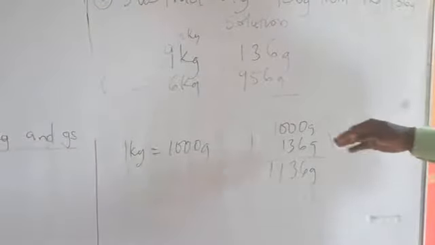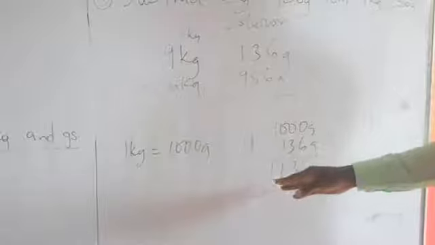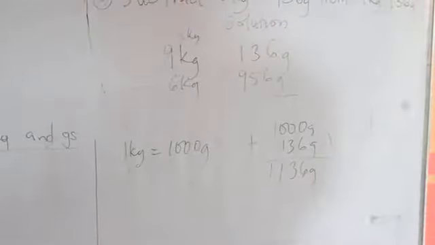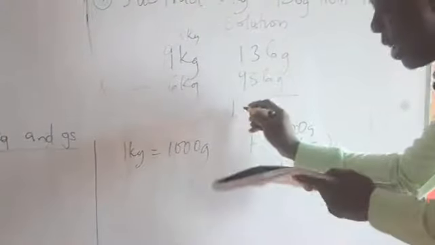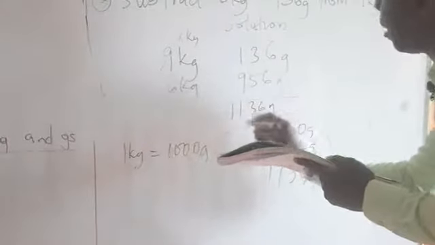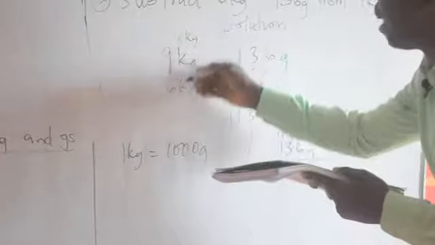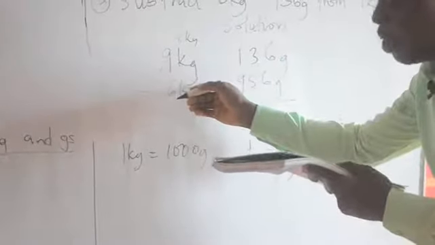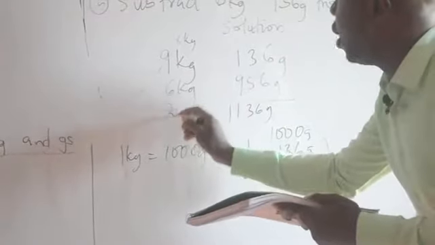So 1,000 gram plus 136 gram is equivalent to 1,136 gram. 8 minus 6 will give us 2 kilogram.